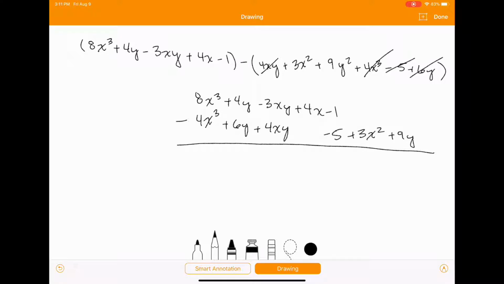Now, we're subtracting this. So that's like having a negative 1 that needs to be distributed to each term. So we're going to make this an addition and then change the sign on everything else.